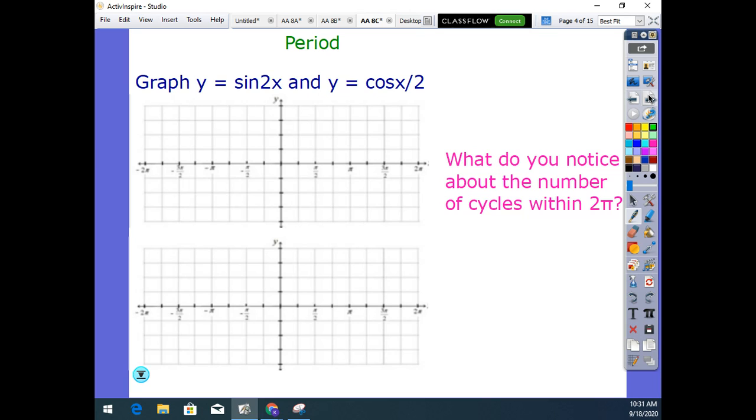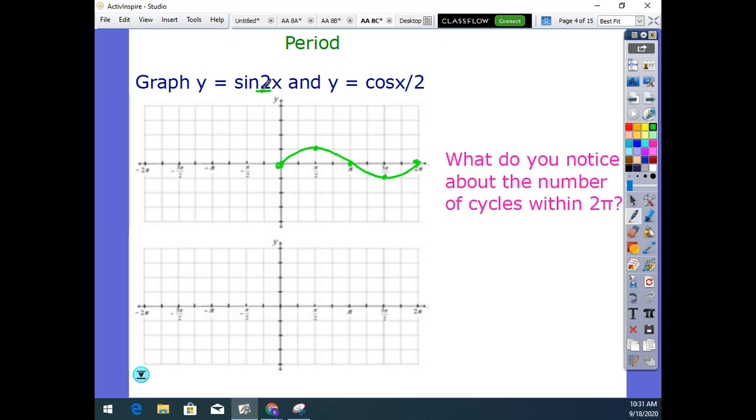Okay, so the last one, I guess, is period. So typically with sine, we complete 1 cycle within the period of 2 pi. So when we see a 2 here, we're actually going to complete 2 cycles within the same period of 2 pi.